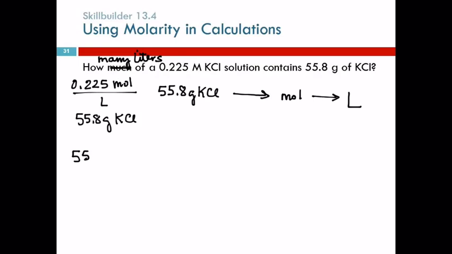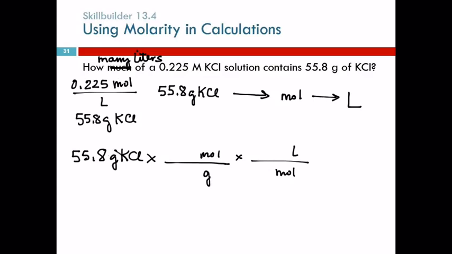So, 55.8 grams of KCl. And we're going to go to moles. And then we're going to go to liters. I'm going to put the units in here so they cancel out.